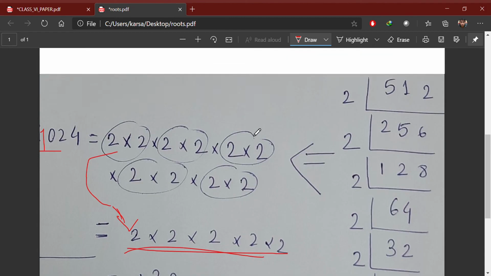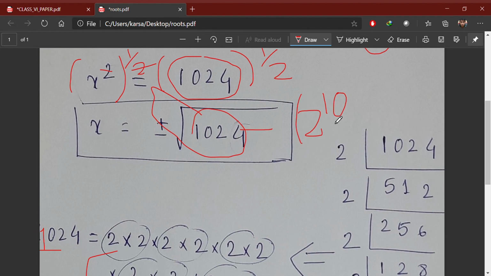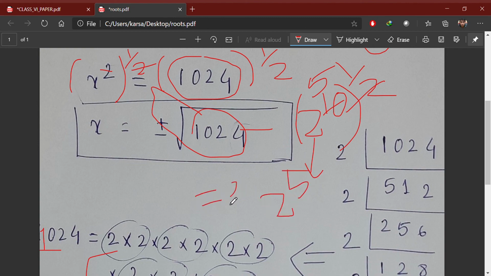So 2 to the power 10, to the power 1 by 2, I can also write. So it is 2 to the power 5, which is equal to 32. Again we have to mark plus minus 32.